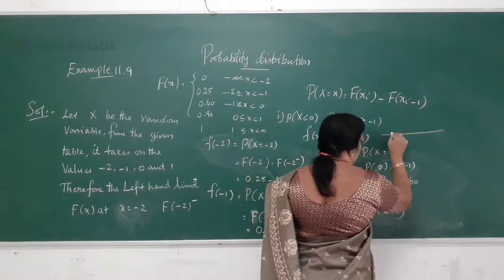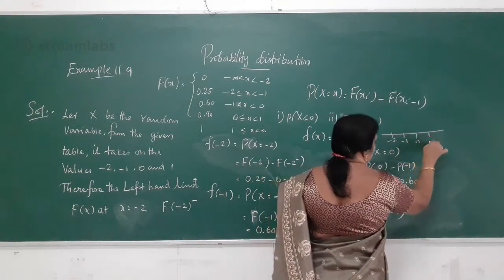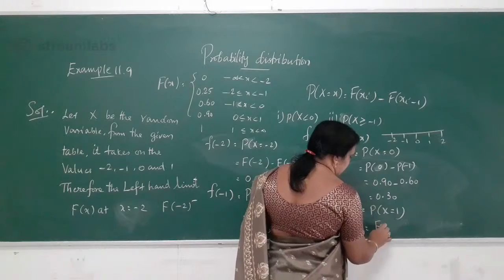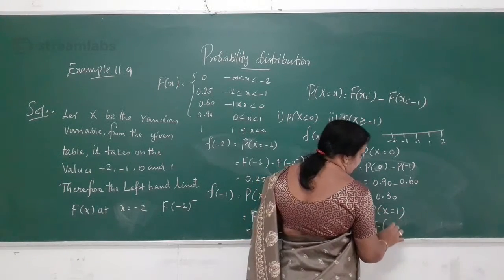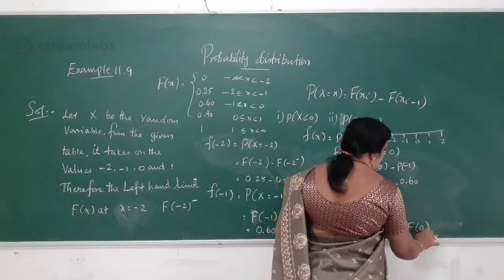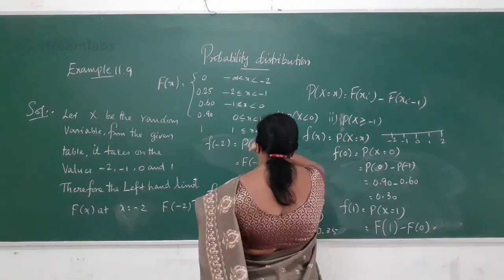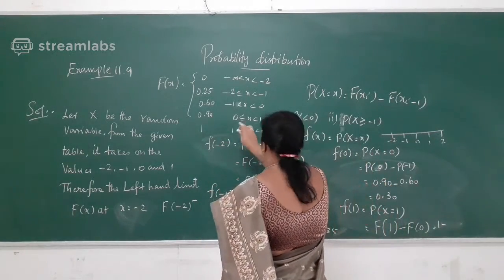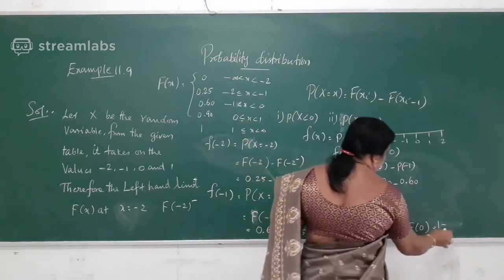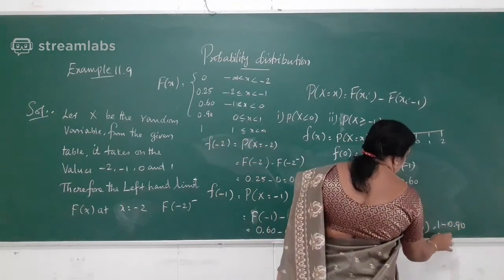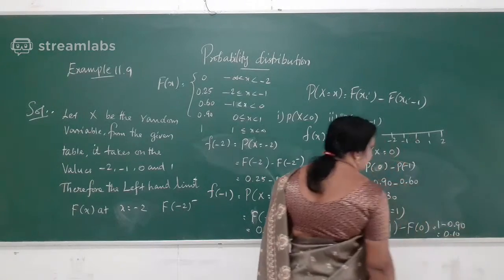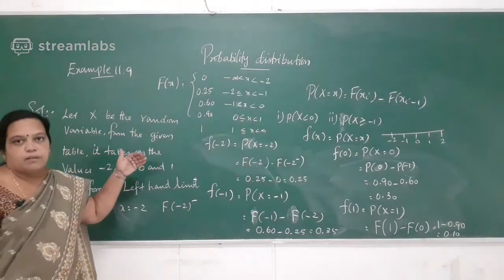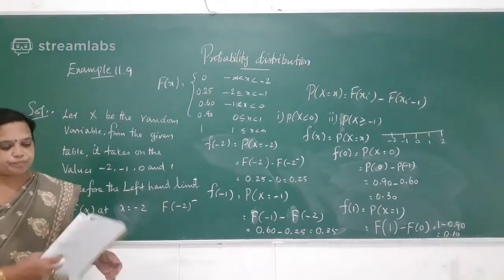Just draw this number line: minus 2, minus 1, 0, 1, 2. p of x is equal to 1 means f of 1 minus f of 0. The f of 1 value is 1 minus 0.90, so 0.10. We have to show these values, how it is jumping, on the graph.